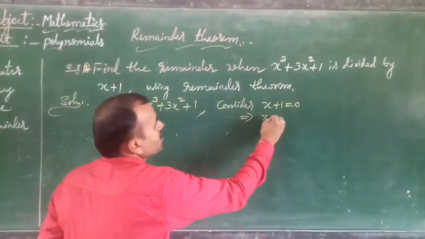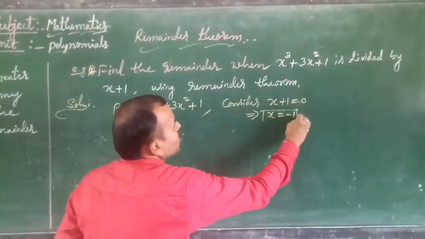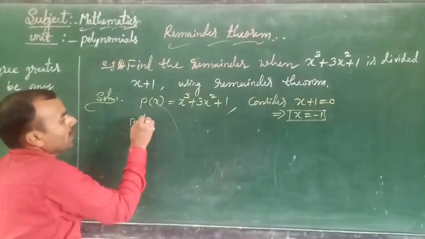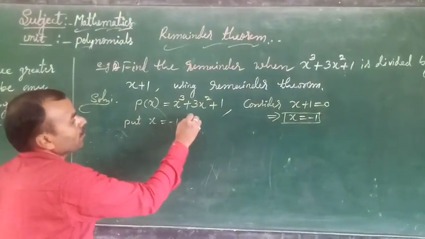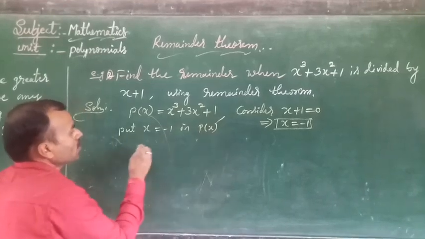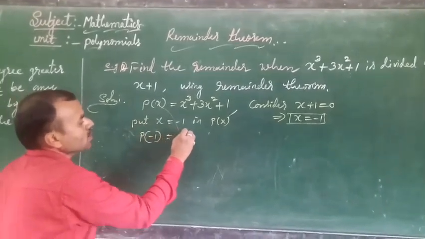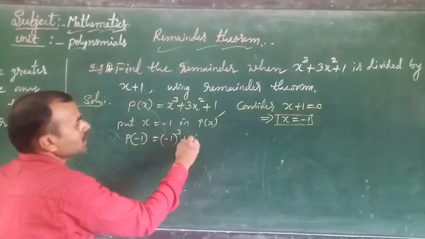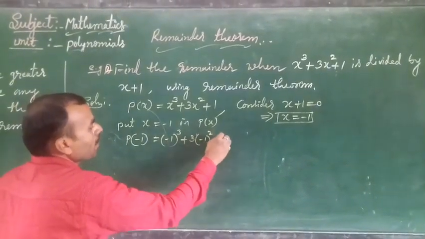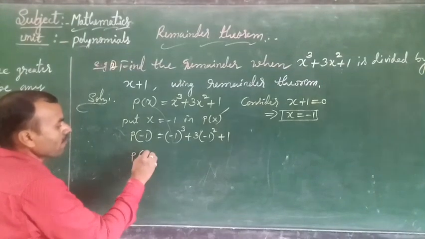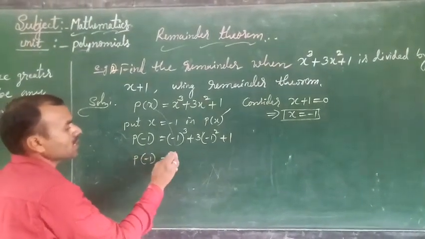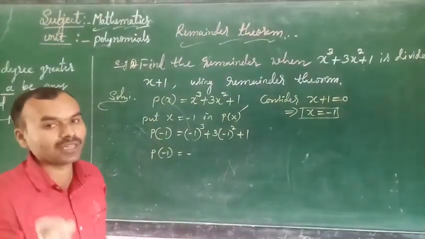It implies x is equal to minus 1, so we put x is equal to minus 1 in p of x. So p of minus 1, in the place of x put minus 1 whole cube plus 3 into minus 1 whole square plus 1.